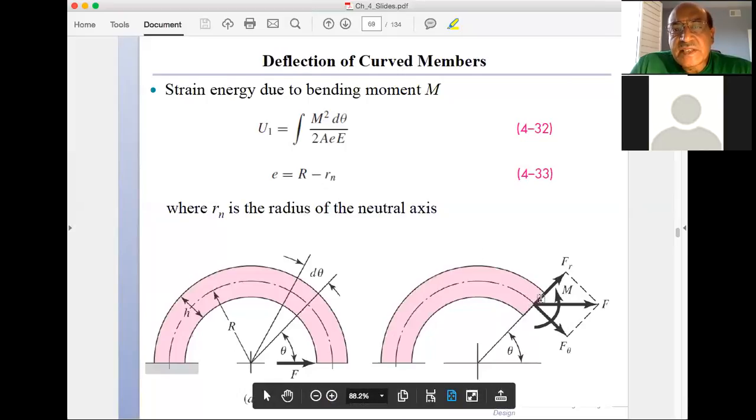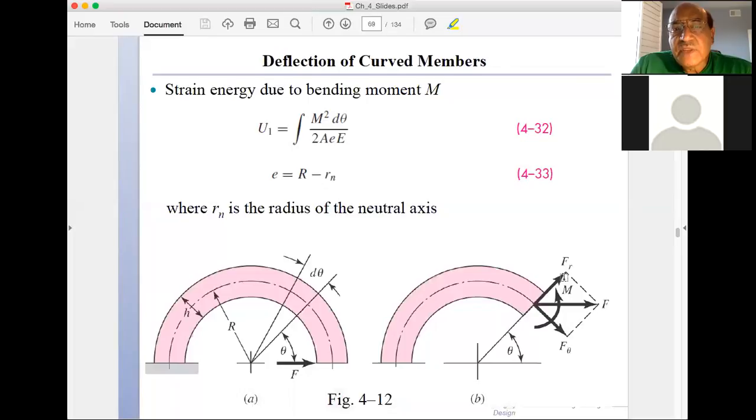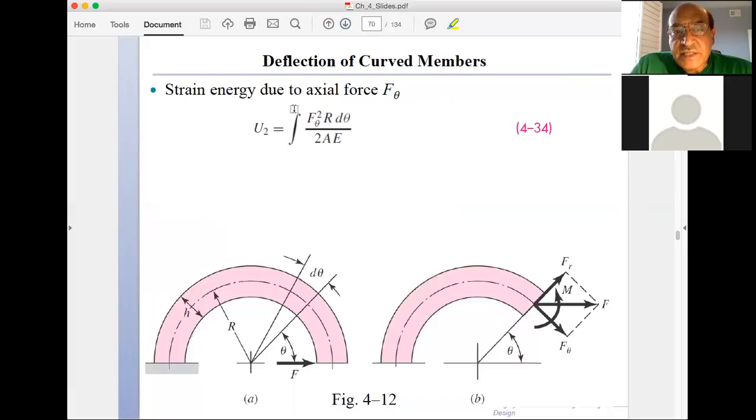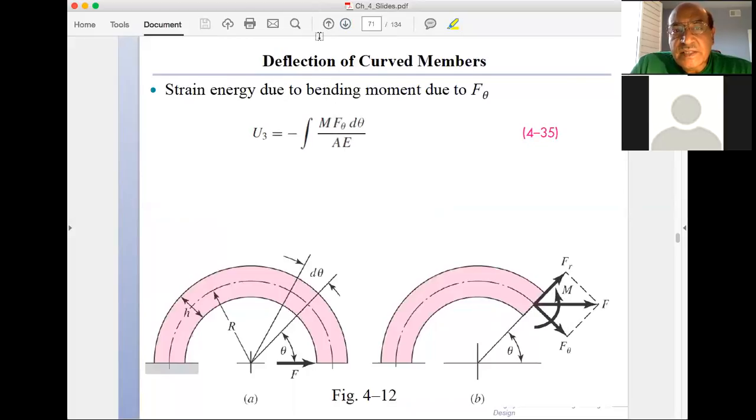The radial force is shear, so it will be F squared over 2AG, or 2 times the area times G, and then integrated. So you have these three components. This is a component for the axial force, integrated with r d theta, and a component for the shear force.